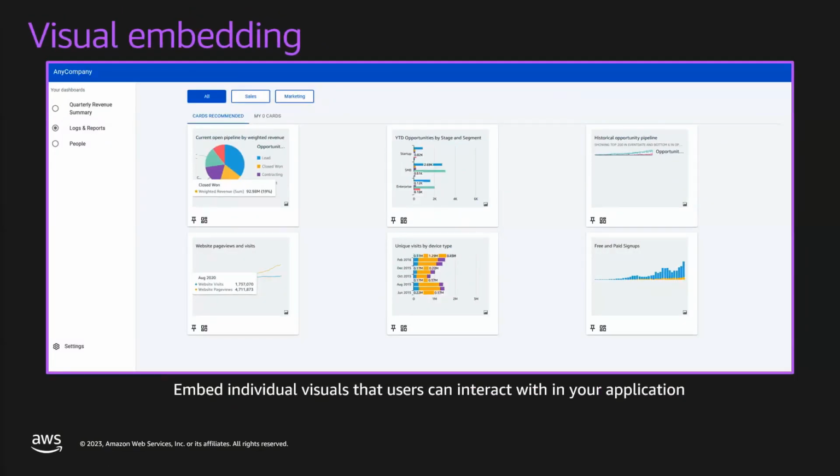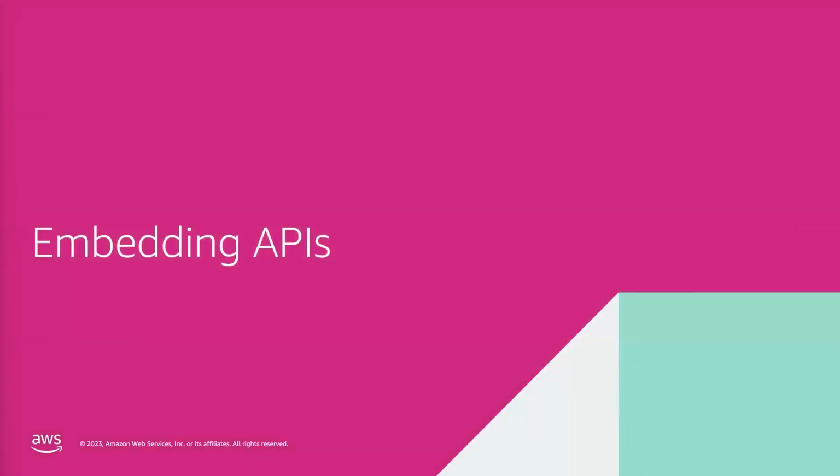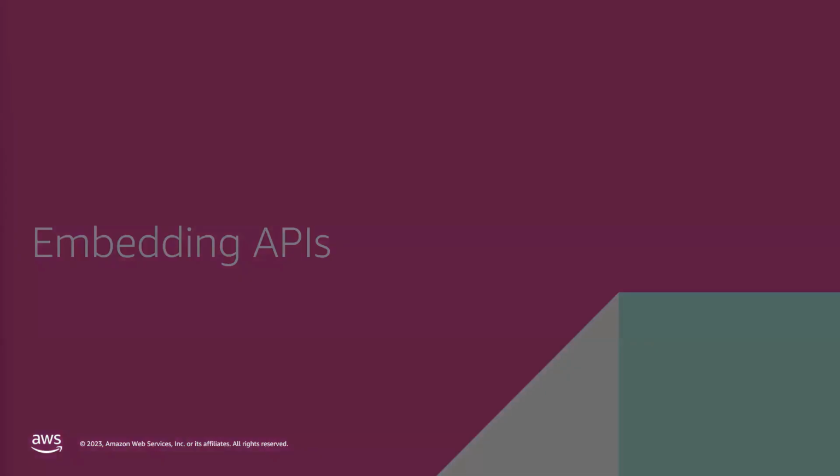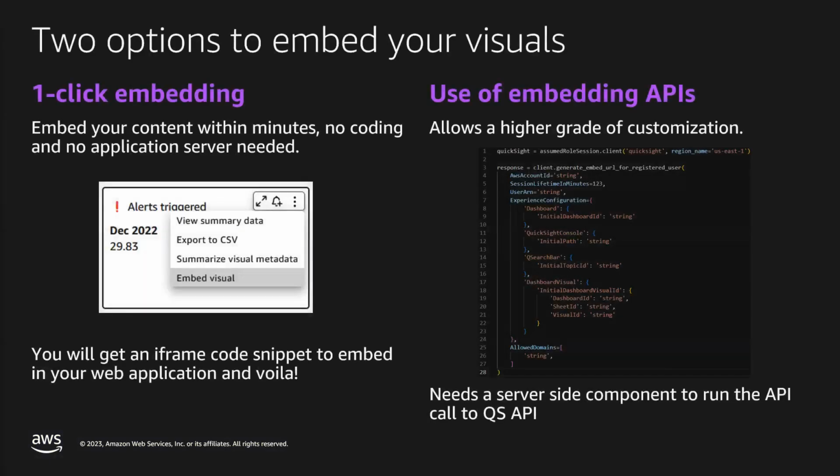Okay. In order to embed the different visuals that we have in QuickSight, we need to use the embedding APIs. And here, basically, we have two options to embed our visuals. The first one is using the one-click embedding. We are going to see this during the demo. And the other option is using the embedding APIs.